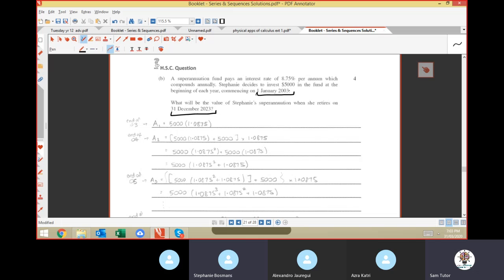From the 1st of January to the 1st of January 2023 is how many years? 20. So 31st of December 2023, technically, it's the 1st of January 2024.